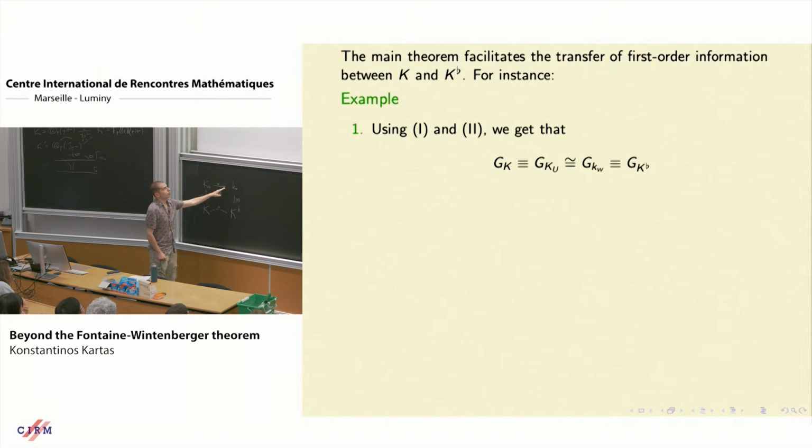This one is isomorphic to the Galois group of Kw because every finite extension is unramified. And Kw is an elementary extension of K flat, so this also gives the last equivalence. So just by looking at this picture, one gets a weak version of Fontaine-Wintenberger.